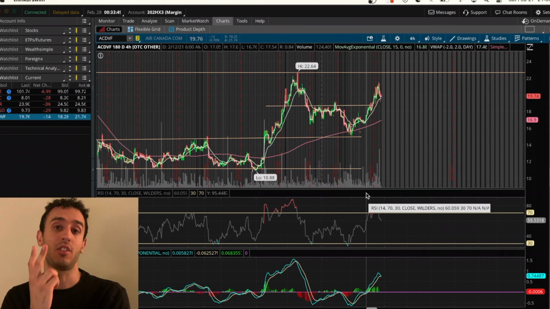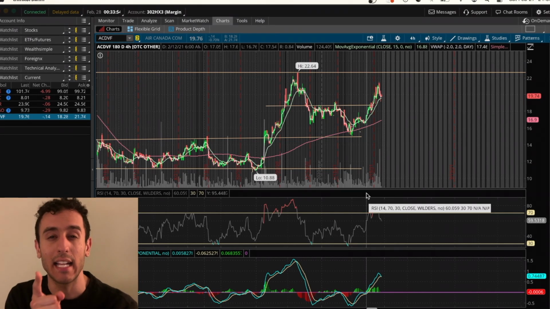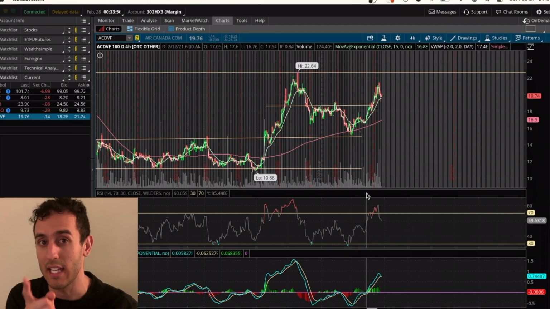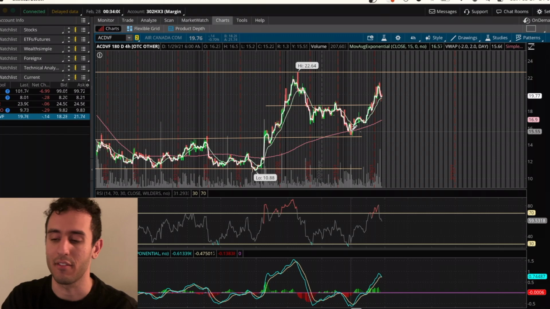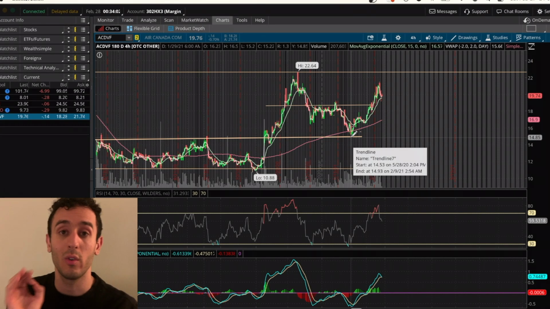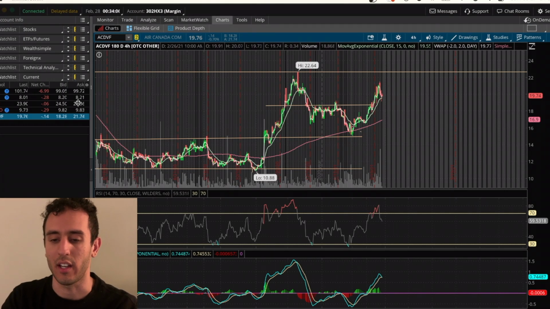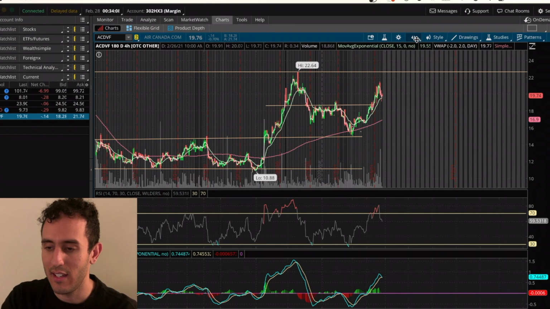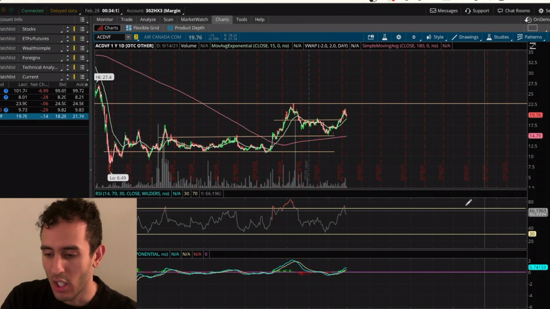So I knew two things could happen. The price could bounce exactly at $15 and a half, right where the SMA was, or it could go down as low as $15 or slightly below because there was a support there. As we can see in the past year, just pull up 1 year.